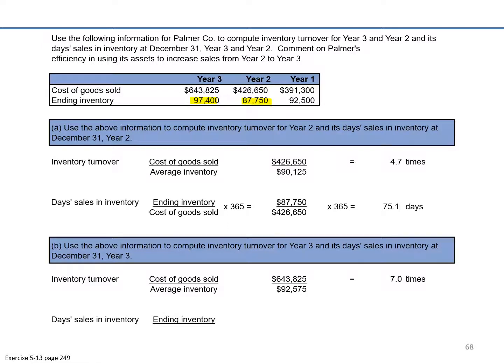Days sales, I'm sorry, $97,400 is the ending inventory divided by cost of goods sold of $643,825 times 365, 55.2 days.